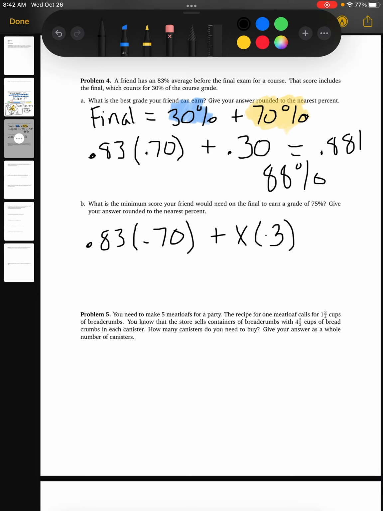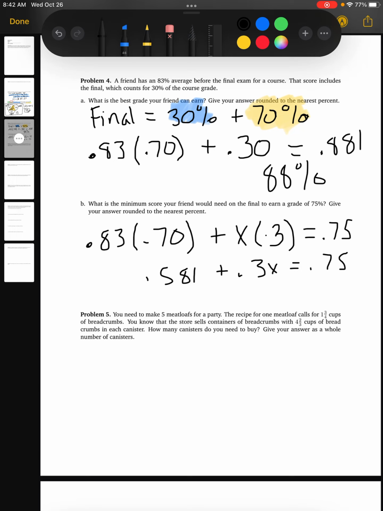What's the grade on our final exam that we need to get to earn 0.75? So the 0.83, we're just going to clean this up. 0.83 times 0.70 gives me 0.581 plus 0.3x is equal to 0.75.